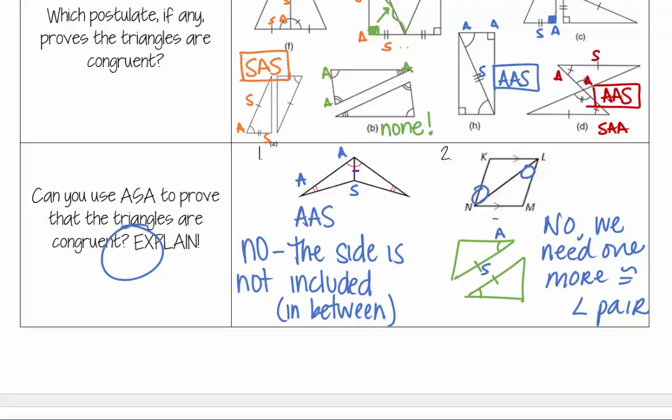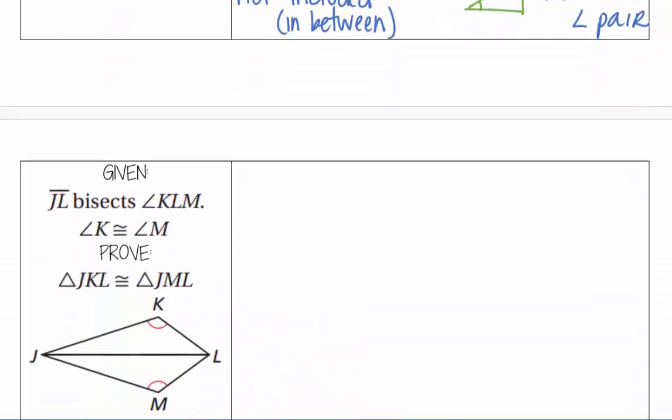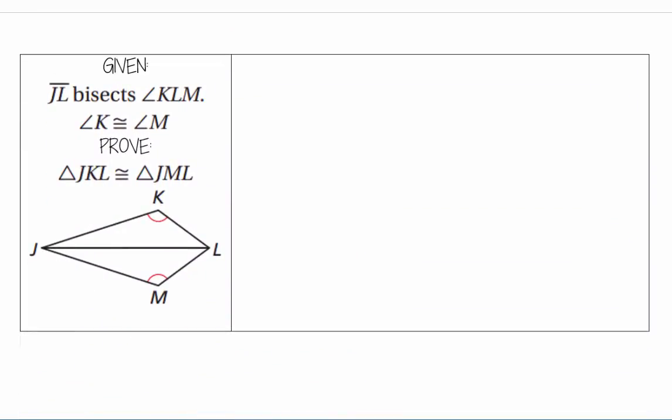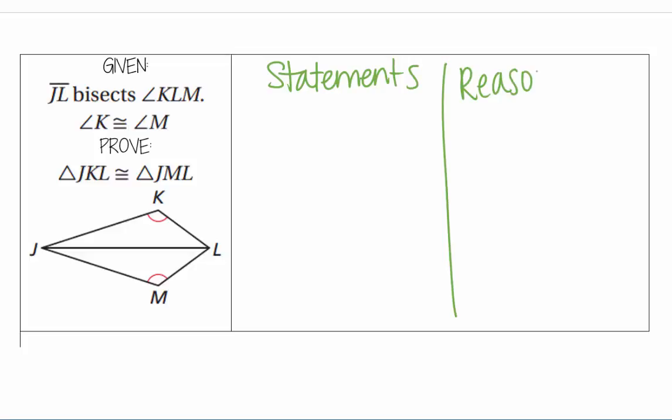Let's do an actual proof that we can prove. So we got to do a whole proof thing with this. So make your statements column, make your reasons column, and let's write down what they give us.